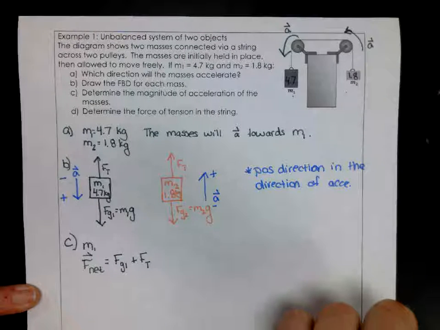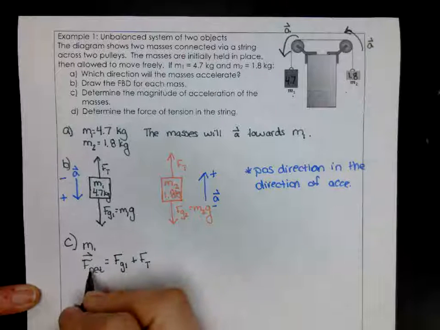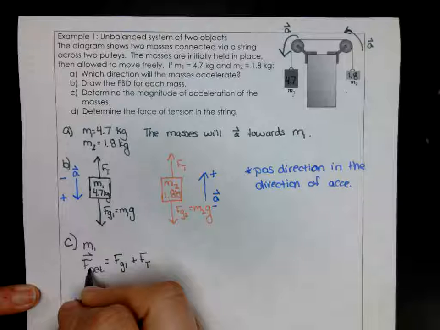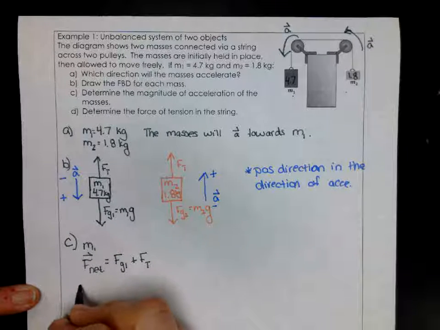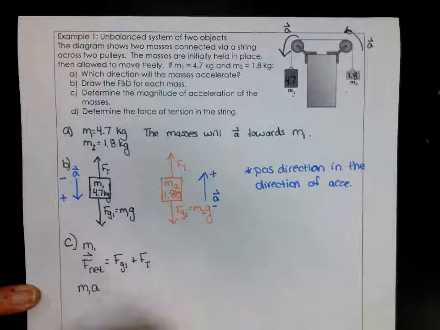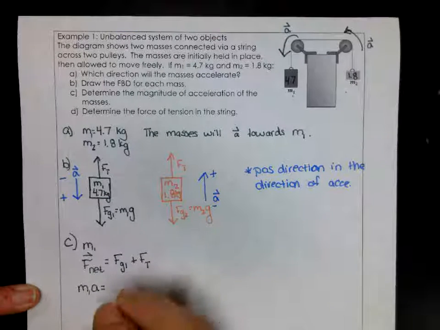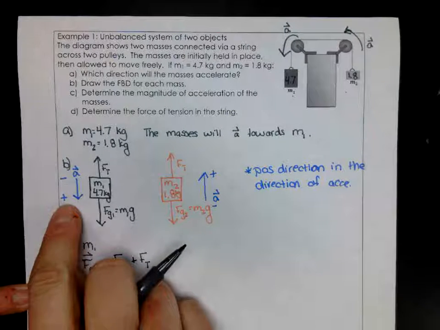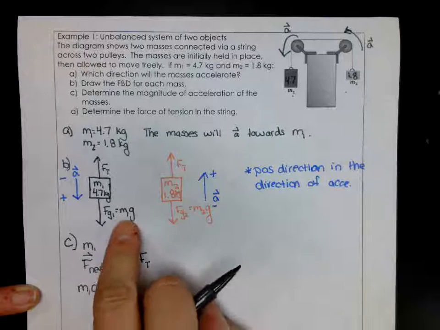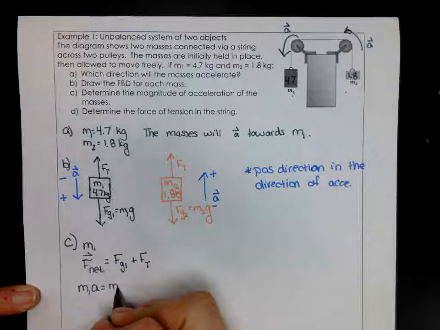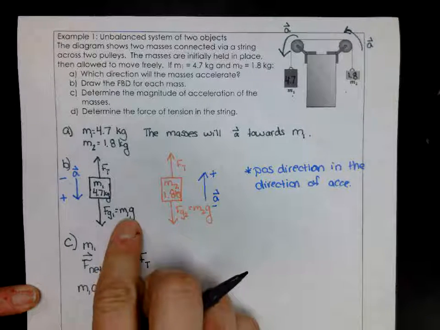All right. Because of Newton's laws, I can say that the net force is equal to the mass of 1 times acceleration. And we said that down was positive, so the force of G1 is equal to the mass of 1 times gravity.